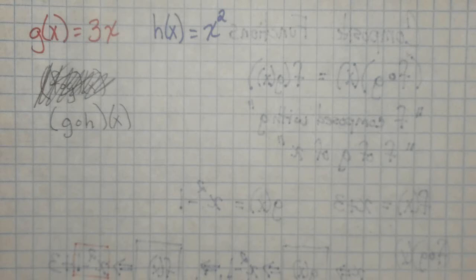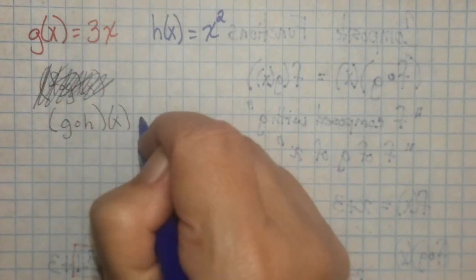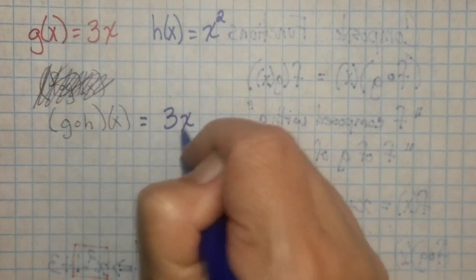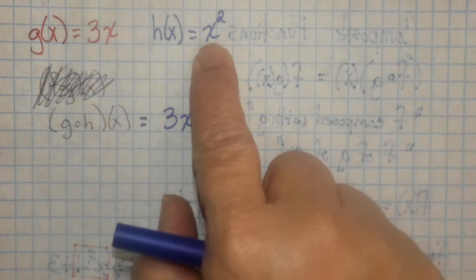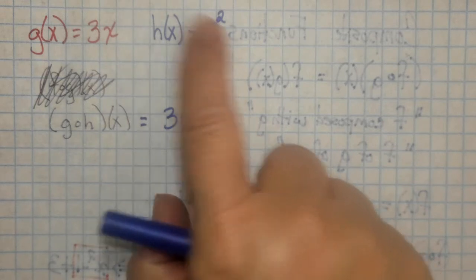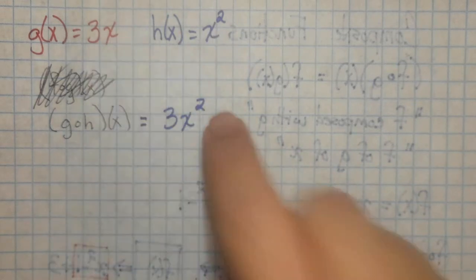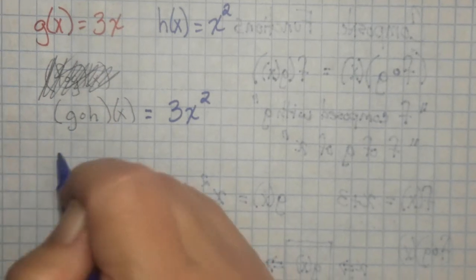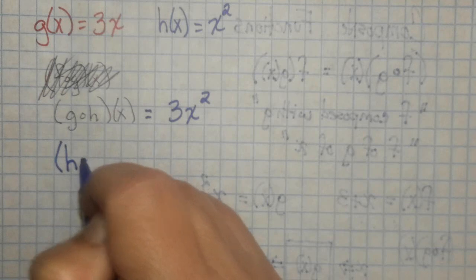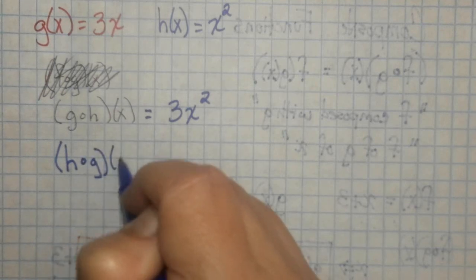All right, what'd you get for that? 3x squared, right? The output for h of x is x squared, so that x squared goes right there for the input, and it's just 3x squared. Okay, now do h composed with g of x.